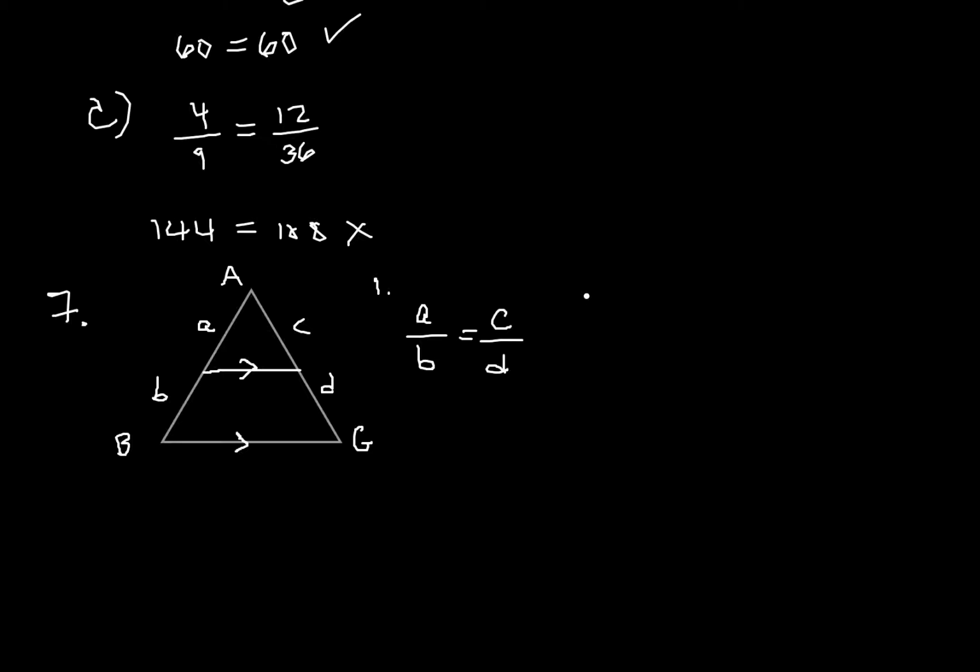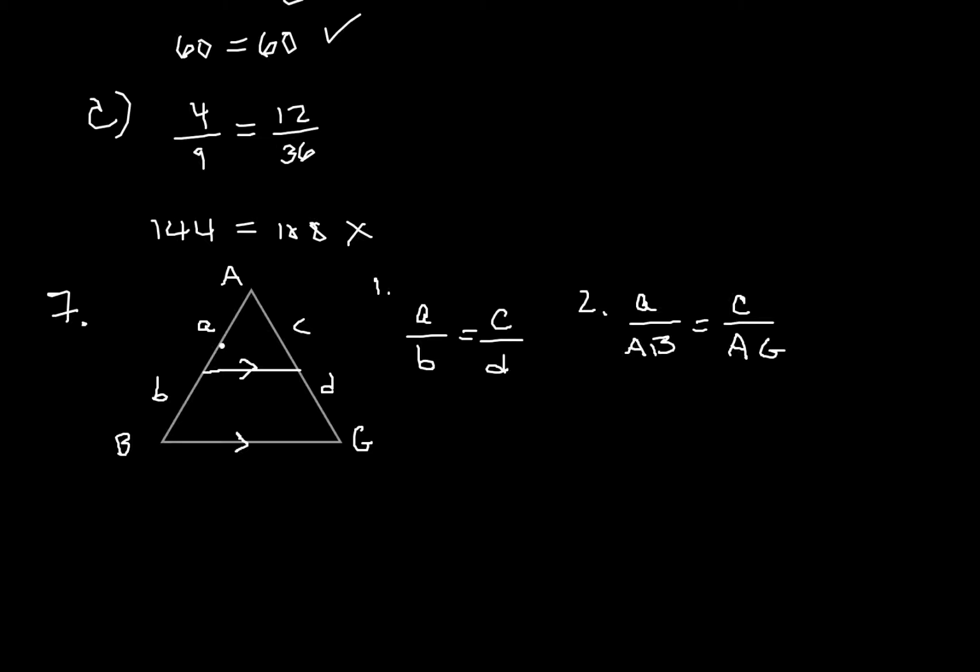Okay, the second case is top to whole. So we're going to say little a over the whole, which would be big A, is proportional to the top of the right side to the big right side, AG. That's the second relationship that you can get.